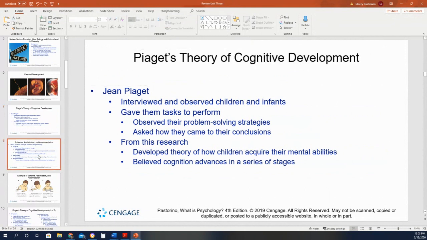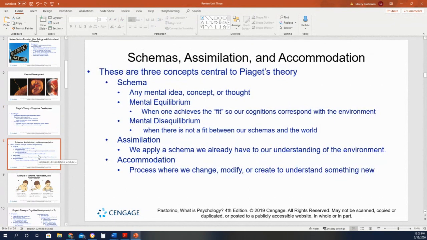And that might make it a little easier to clarify and work through these stages, because I know there are so many of them that it's hard to keep up. I know we spent a decent amount of time on schemas, assimilation, and accommodation, but I feel these are slightly tricky, so I want to hit on these, and then we'll do a brief overview of each of the 4 stages of Piaget.